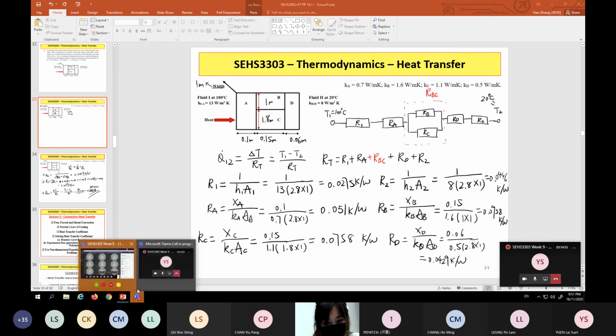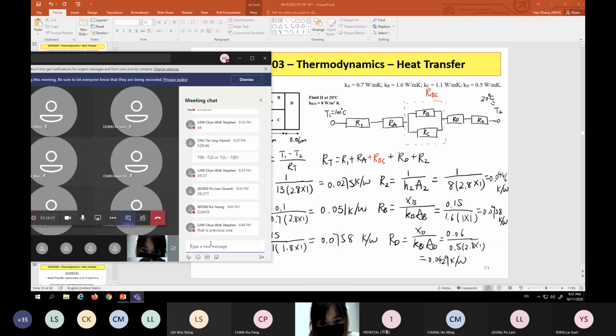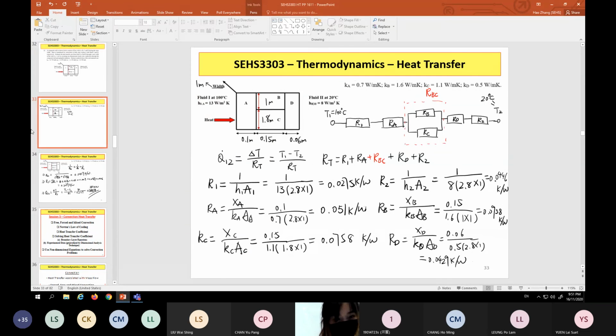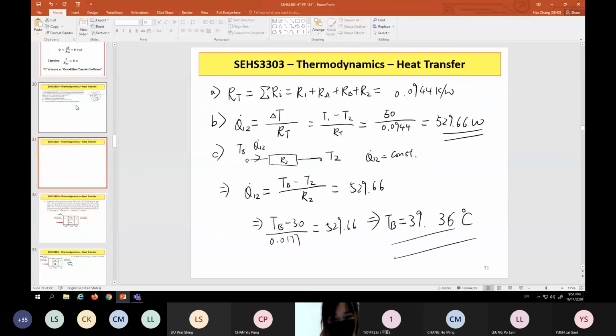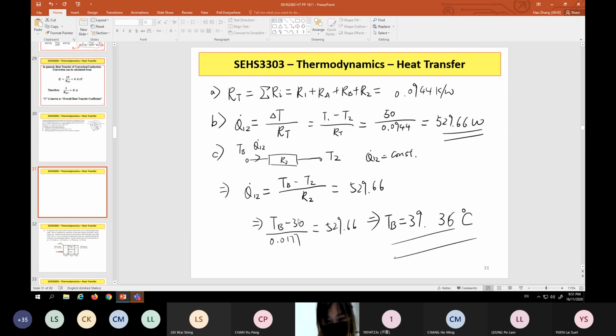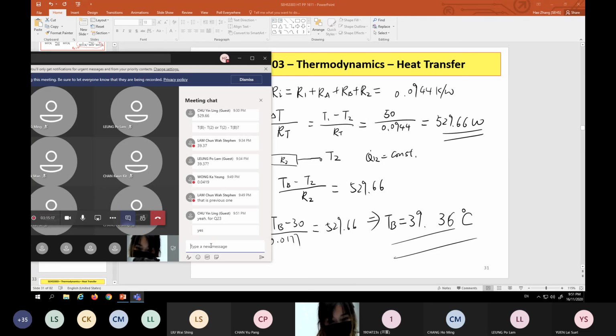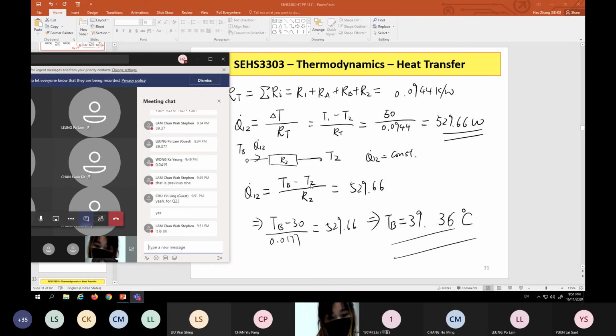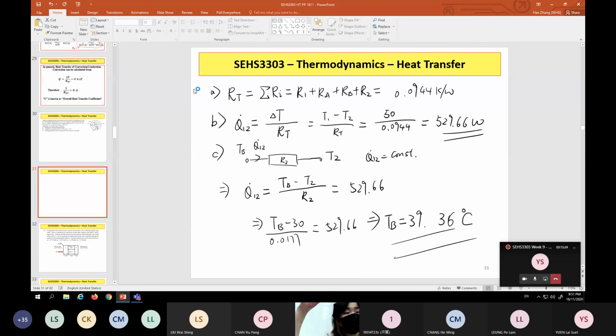I see a message you say that's a previous one. This one. Is this one? This one. The Q1.2 should be T minus T2. Here should be T minus T2 because it is a drop of the temperature difference.